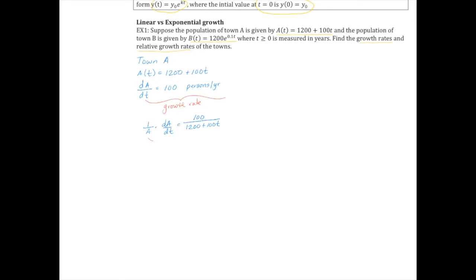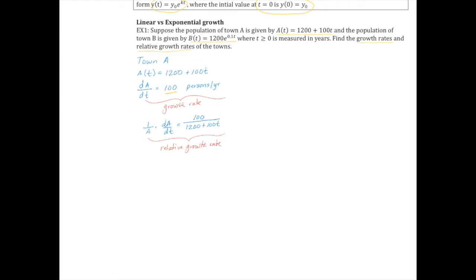Okay, so this would be our relative growth rate. So what this is saying when we look at our growth rate is the population is going to increase by 100 people per year. And that remains constant. Every year the population grows by 100.